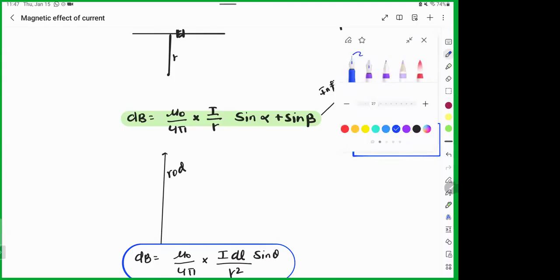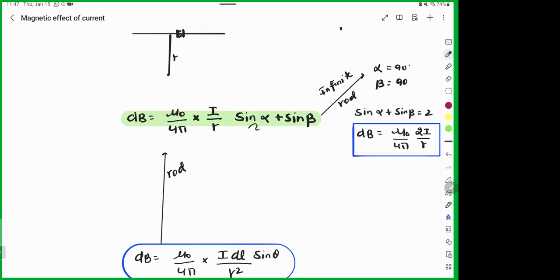Second possibility of the same thing. If you take a semi-infinite rod, then one angle will be 90 degrees, we don't know which one, and one angle will be 0. In that case, your sine alpha, let's take 90, sine 90 is equal to 1, plus sine beta value will be equal to 1.